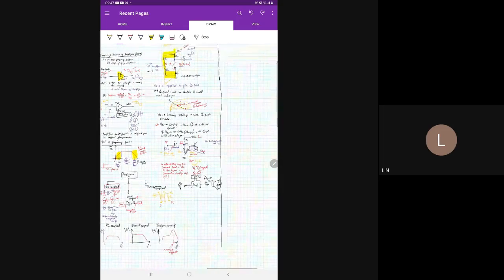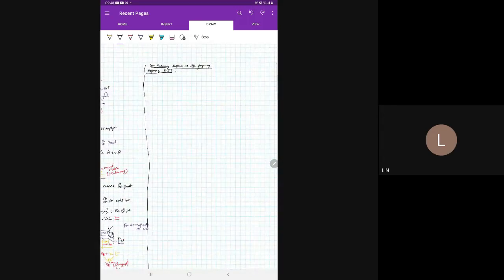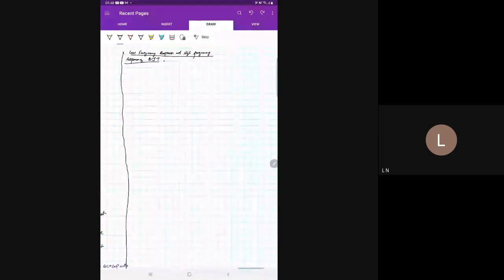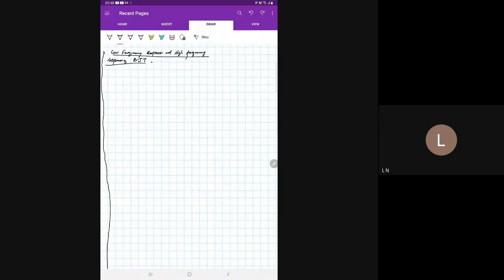We'll be extending our lecture in the context of RC coupled amplifiers. So in this lecture, we'll be discussing the low frequency response and high frequency response of the BJT.